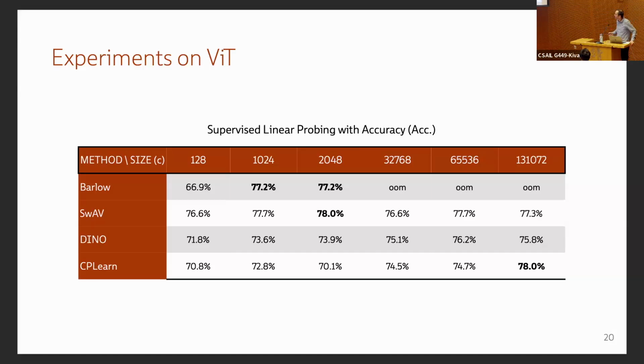DINO actually is not that competitive in this kind of setting. We used their code base and we obtained these numbers, which was an interesting finding. There are lots of heuristics in DINO.